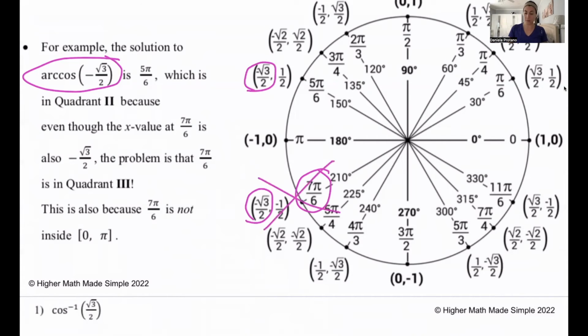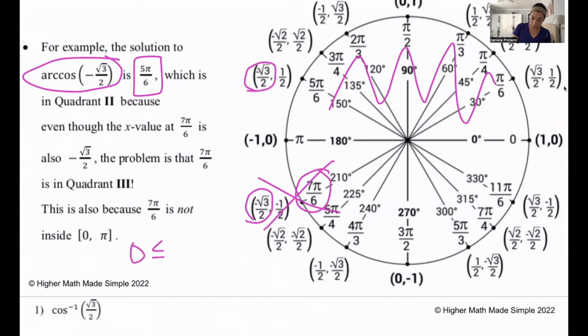But again, we talked about your answers better be between quadrants 1 and 2. And also 7pi/6 is not within the interval between 0 and pi. So the correct answer is going to be 5pi/6. So that is between 0 and pi. Just to triple check, 5pi/6 is between 0 and pi, because pi can be disguised as 6pi/6, right? We cancel out the 6, so we can see that 5 is between 0 and 6, so it does check out.